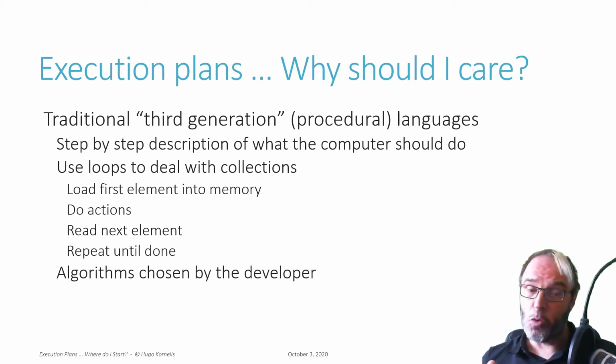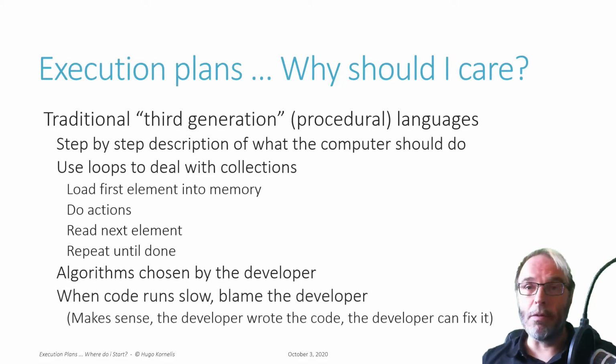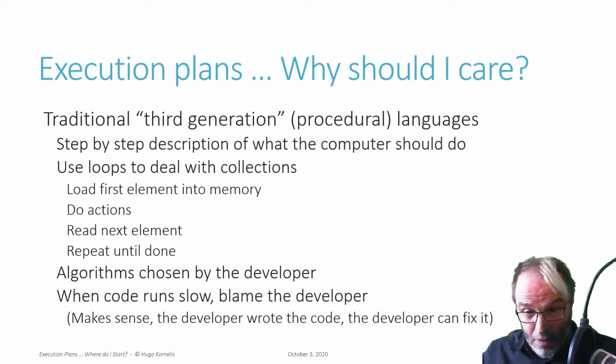And the choice they make is called an algorithm. And here's the thing, if the developer picks the wrong algorithm, the code will run slow. And then someone will blame the developer for writing slow code, which makes sense because it's their fault. And then the developer can fix it, replace the algorithm, and deploy a faster version of the code.